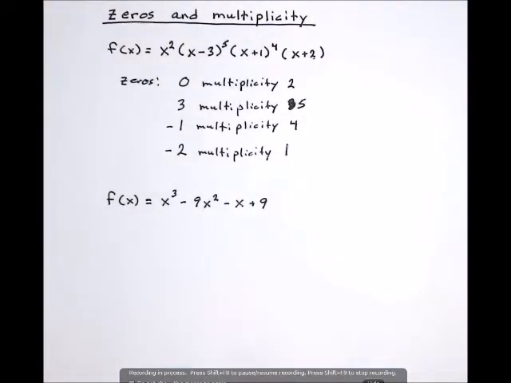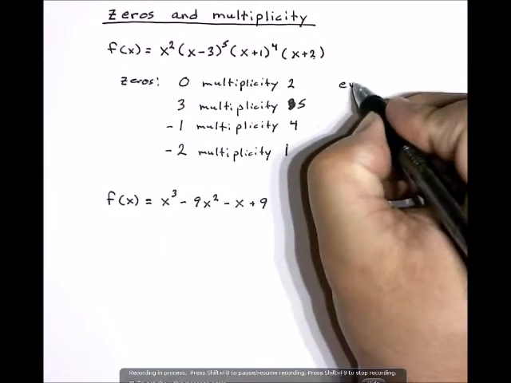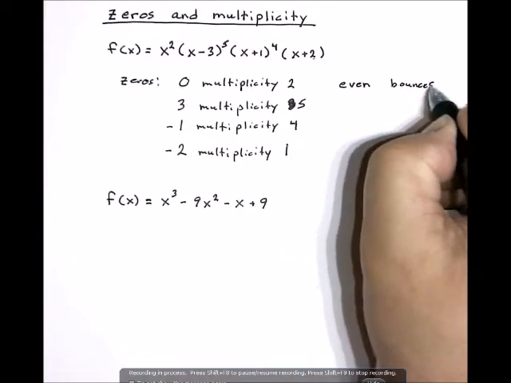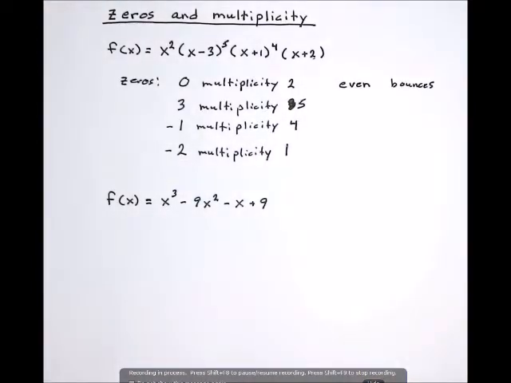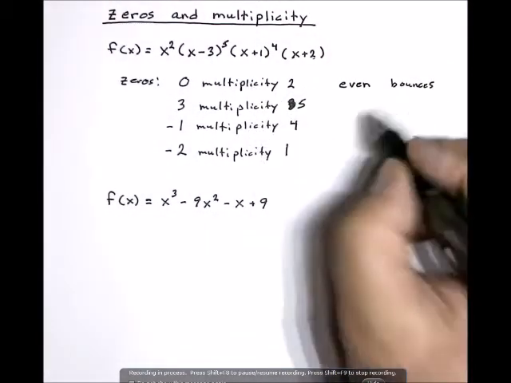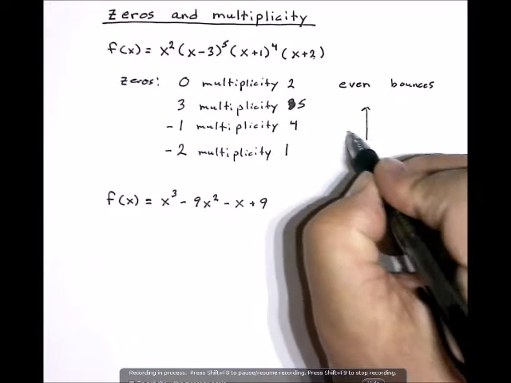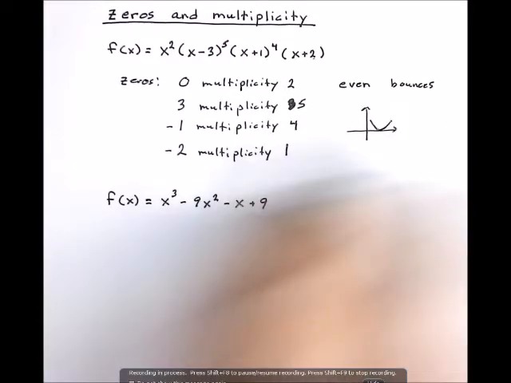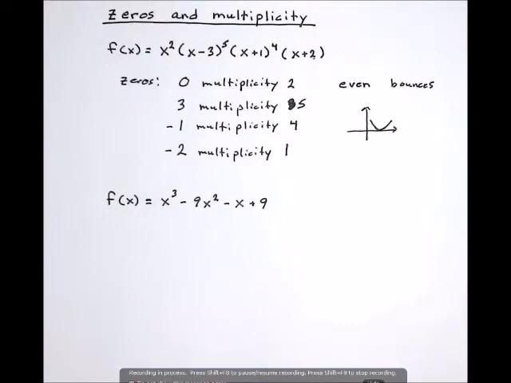And the most important thing about multiplicity for you is it determines what happens at that 0. If the multiplicity is even, the graph will bounce off at that point. In other words, at 0 and at -1, if you looked at the graph, what the graph would do is come down to that point, touch 0 momentarily, and then bounce off, reverse direction.